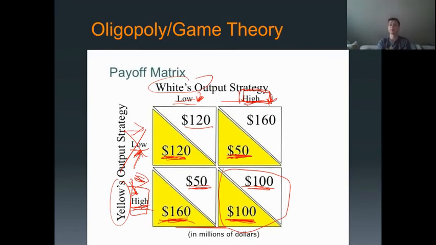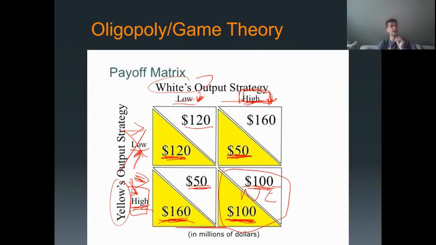It's not better off switching. Therefore, this is a Nash equilibrium. This is the only Nash equilibrium in this payoff matrix, but you do have to actually take a look at every single payoff box because there might be multiple Nash equilibria. So pay close attention to that.